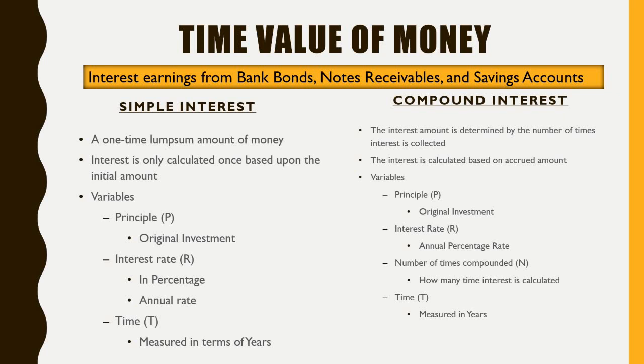Okay? So here are the variables that you need to know. You have a principal. Okay? Your principal is going to be what you originally invest. Okay? Interest, okay, is usually a percentage. It's a rate. Okay, so usually this is an annual percentage. So oftentimes you'll see the percentage and you'll see APR.